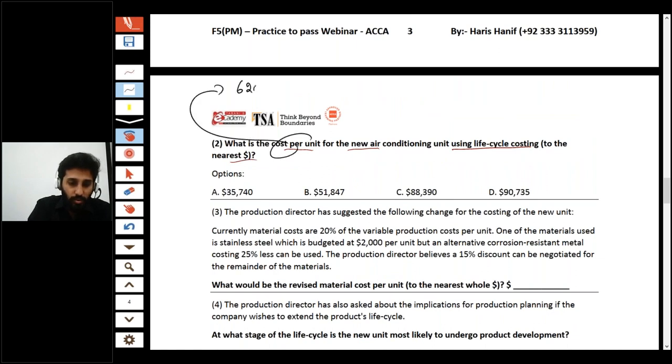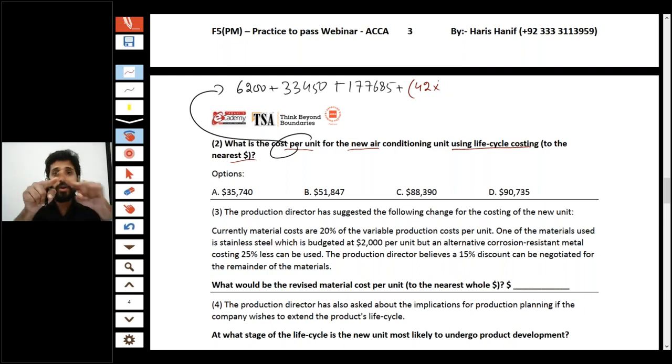Previously, it was 6,200. That was the total cost. Secondly, it was 33,450. It's the total cost plus 177,685, that is the total cost, plus 42 into 10,000. Why? Because it was 42, with the triple zeros getting ignored. 42 into 10,000, right?